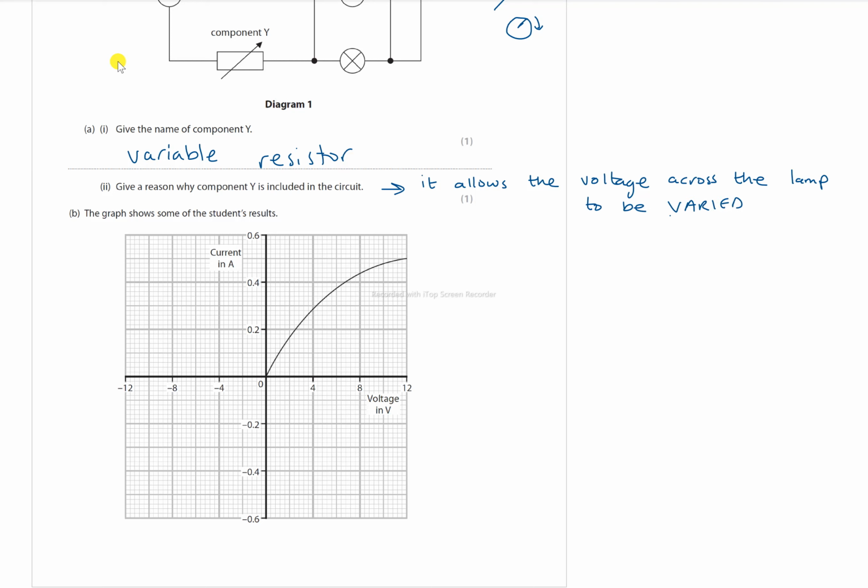So they've emphasized varied. Do not write it allows you to change resistance, although that's how you vary the voltage. So remember, look, keywords: it allows a voltage, you can say voltage and current, or voltage or current, to be varied across the component, across the lamp. Right, okay.